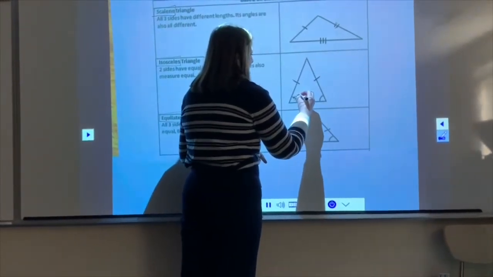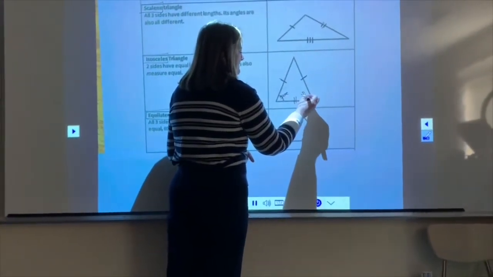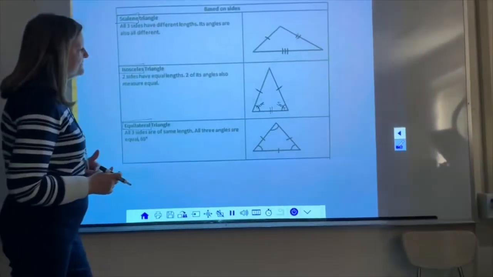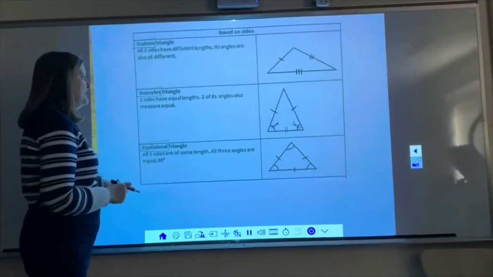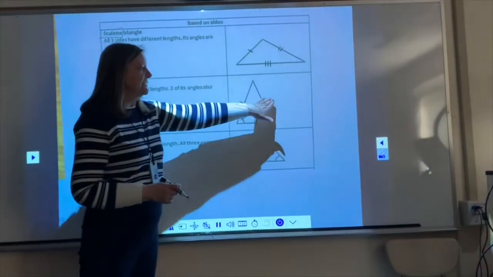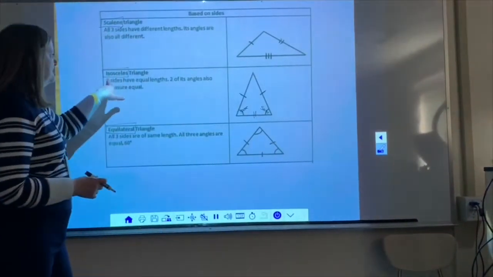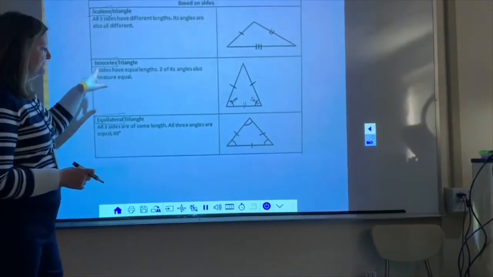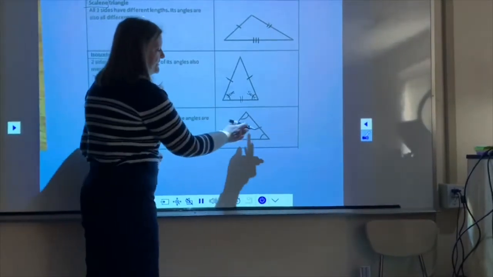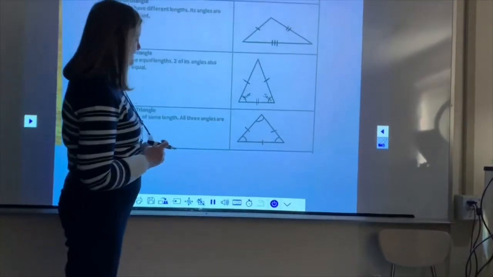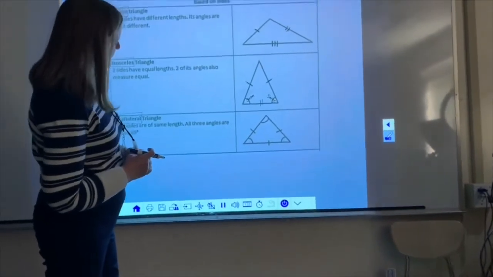This is the same, and this is the same. Just a little piece of interesting information there. So if 2 of the sides are the same length and the other one is different, it is an isosceles triangle.